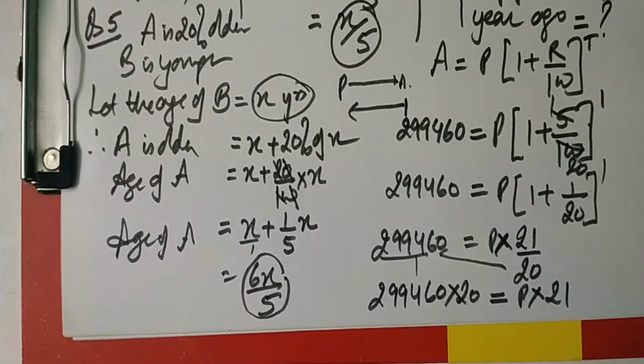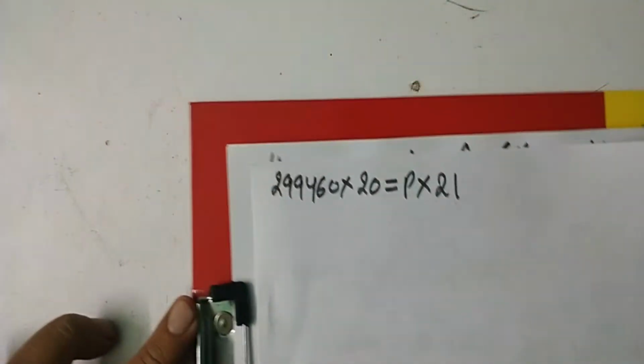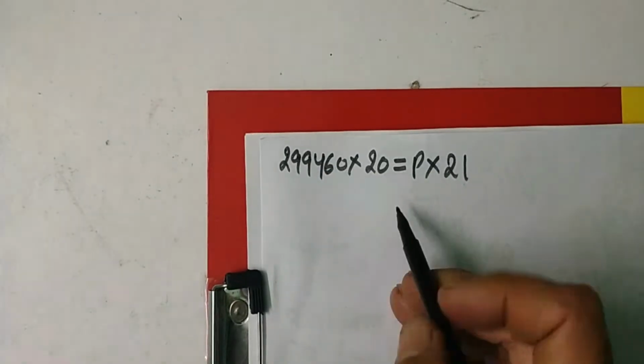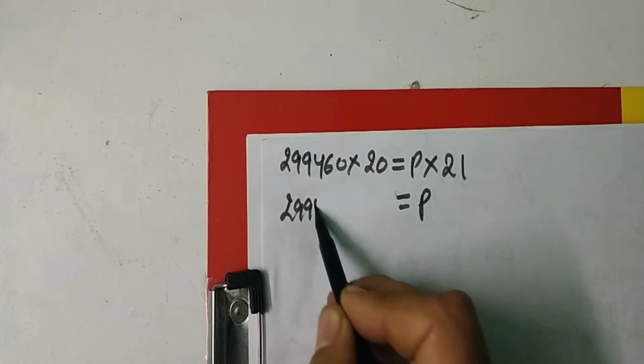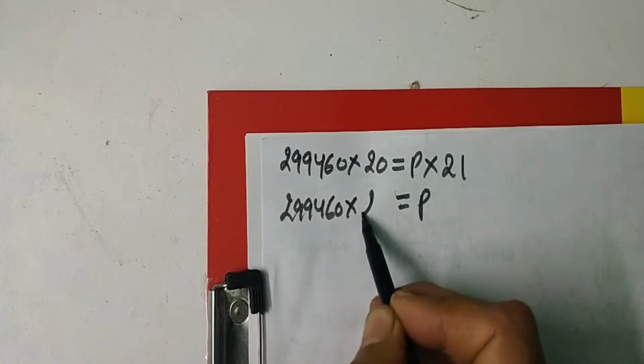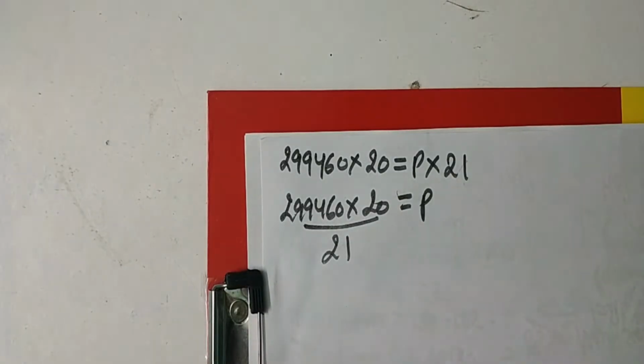So P into 21 equals 299460 into 20. P is equal to 299460 into 20 upon 21, since 21 will come down. 21 will divide this.